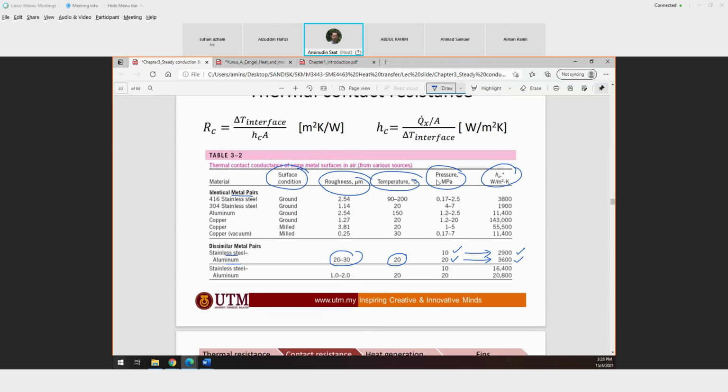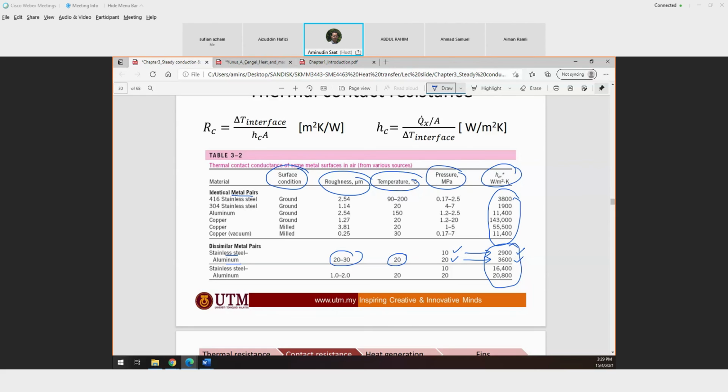The values are very limited to certain conditions and certain materials, but it is good to show you that this value might have an effect on your calculation of the thermal resistance.